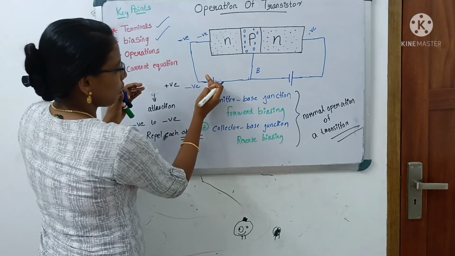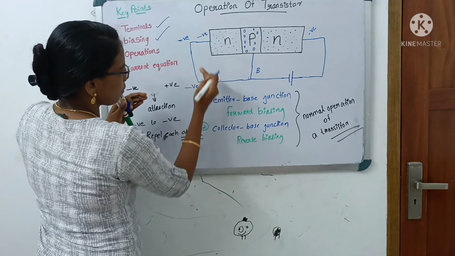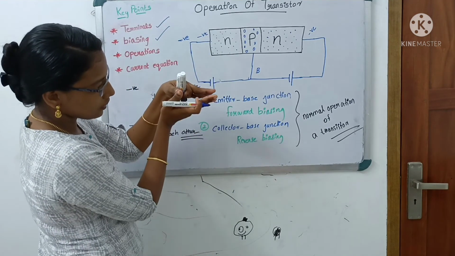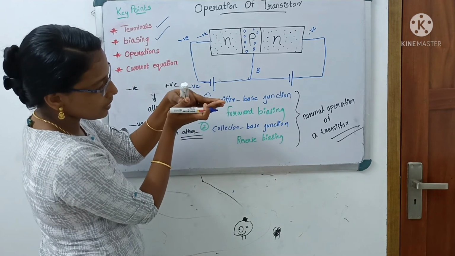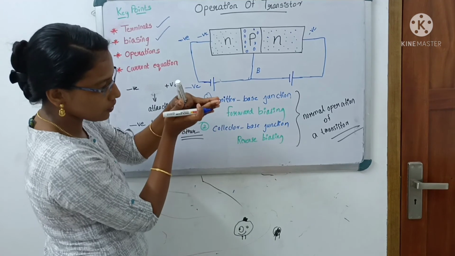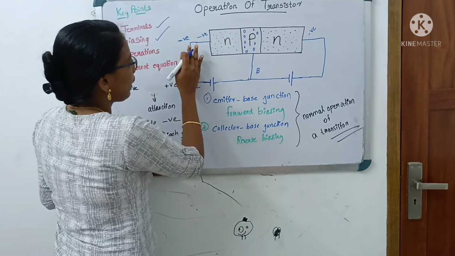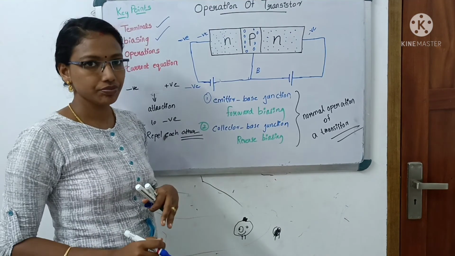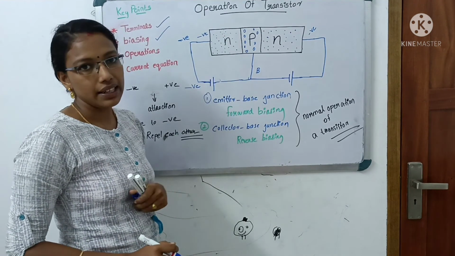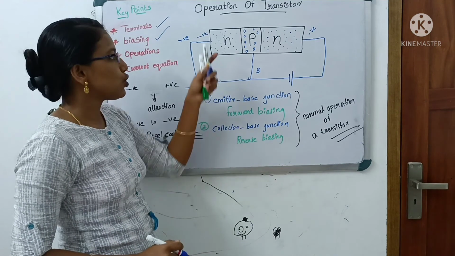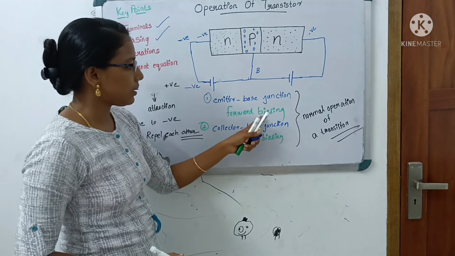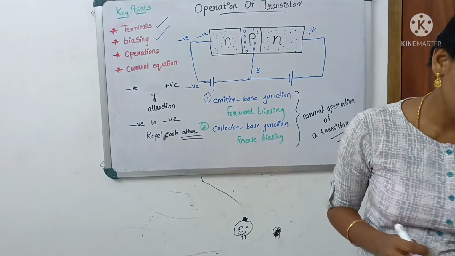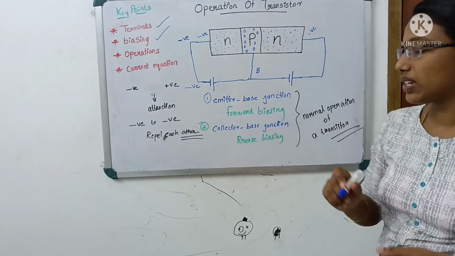When negative charges come together, there is a repulsive force. So what happens? Here there is a barrier potential, a barrier width, a potential barrier. In the forward biased condition, the barrier potential is the depletion region.